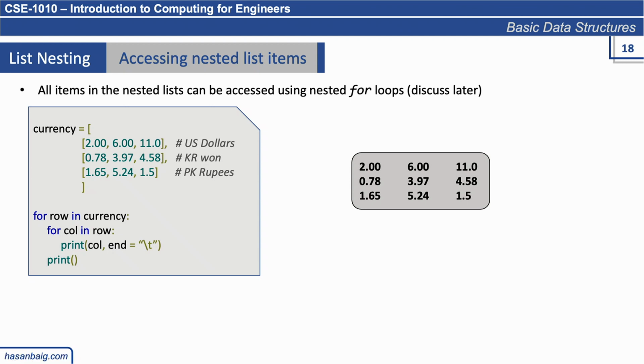Do you recall the default parameters in functions? What are default parameters? When we have the value of the parameter defined, but we do not pass that value.